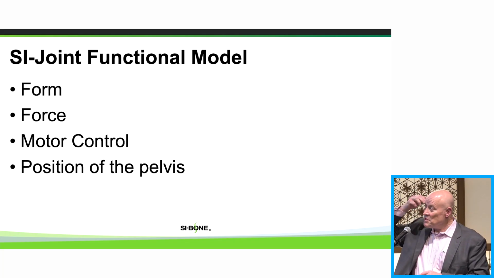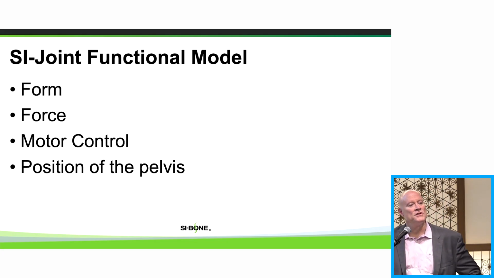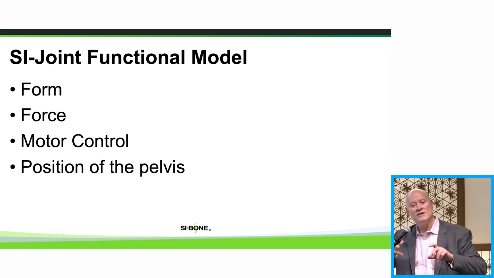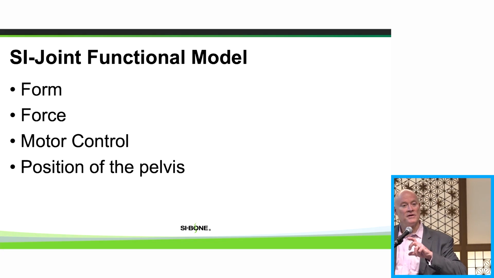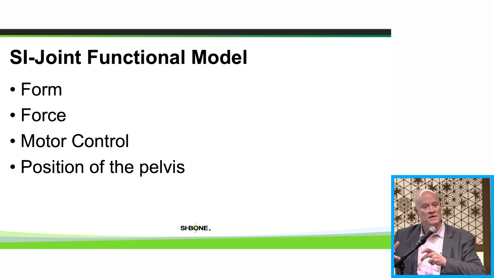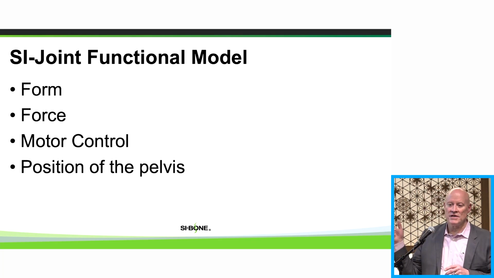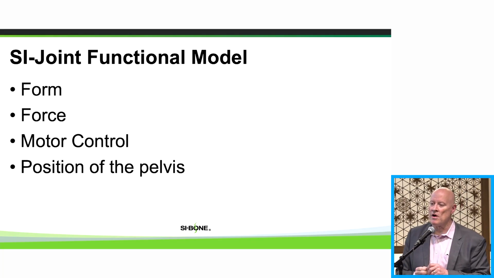And then this last piece, I don't think gets enough consideration, the position of the pelvis in space. Is the pelvis retroverted because of spine pathology? Is it anteverted post-pregnancy? Is there some sort of torsional element to it? And Lazennec in Paris and J.C. Le Huec, who's a spine surgeon in Bordeaux, have talked about rotation of the pelvis in the axial plane, particularly after hip replacement, with increased femoral offset.